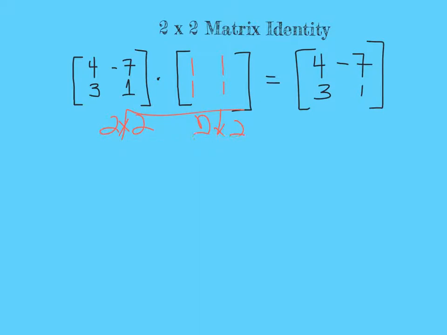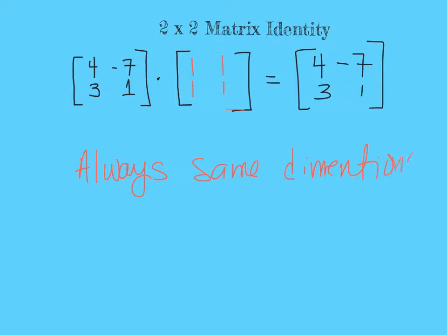So before I start, don't forget to always verify that. But the identity matrix will always be the same size as the matrix you're trying to cancel. By the way, 2 things. Your identity matrix will always be the same size, same dimensions, as the original matrix, and always a perfect square.